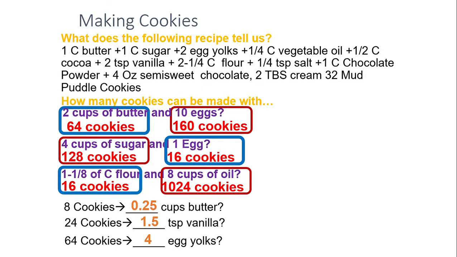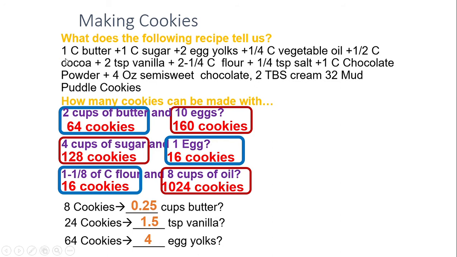For example, in making cookies, we have this recipe: 1 cup of butter plus 1 cup of sugar plus 2 egg yolks plus 1/4 cup vegetable oil plus 1/2 cup of cocoa powder plus 2 tablespoons of vanilla and 2 and 1/4 cups of flour plus 1/4 tablespoon of salt plus 1 cup chocolate powder plus 4 oz of semi-sweet chocolate and 2 tablespoons of cream will yield 32 mud puddle cookies.